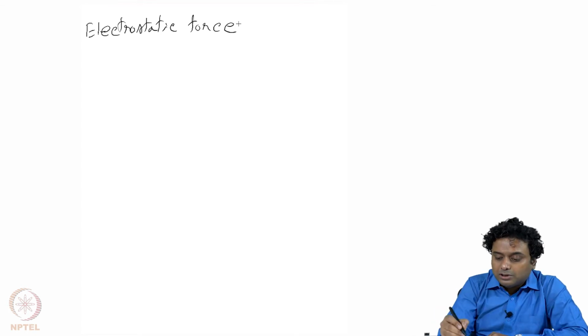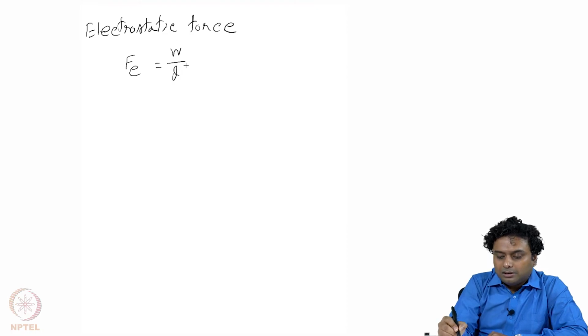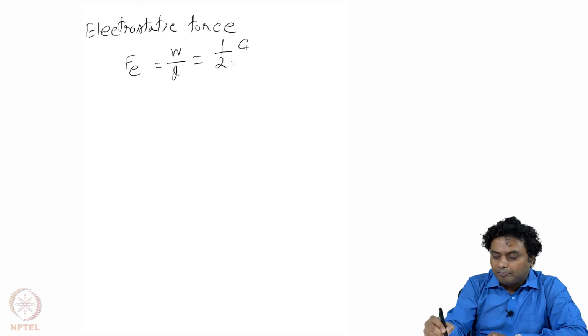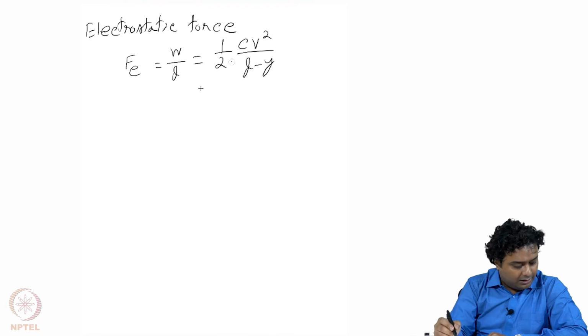So, the force is W by D, right. So, the electrostatic force is Fe equals W by D equals half CV square divided by d minus y, because the gap is now actually not d, it is d minus y, right.